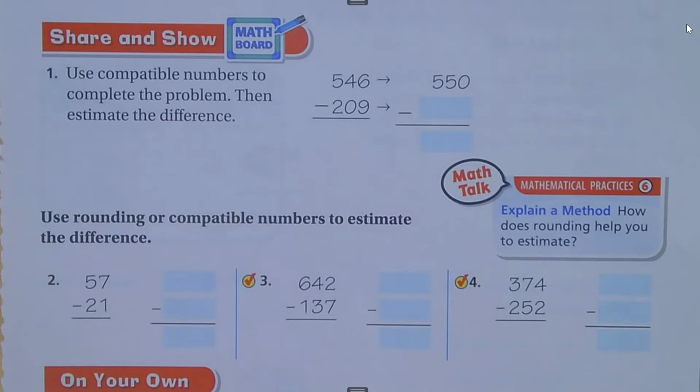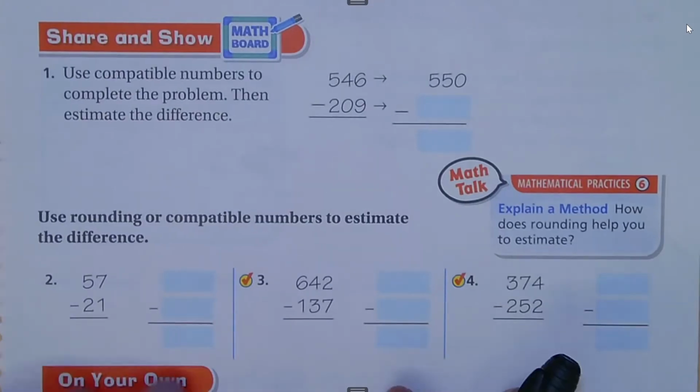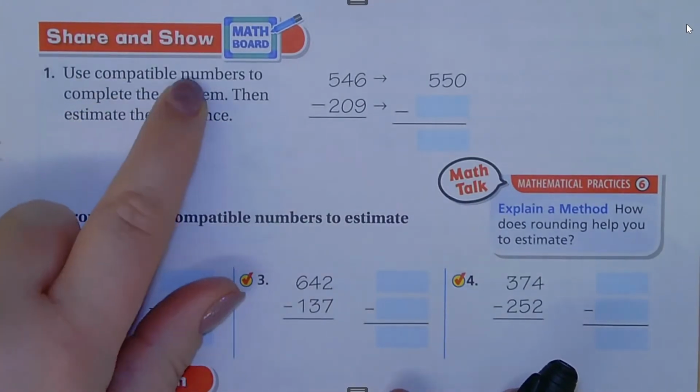Now, this is going to be very similar to when we estimated with addition. Today, we're going to round and estimate to find the difference using subtraction. But one thing I want to point out, just like with addition, we are not going to use the term compatible numbers.